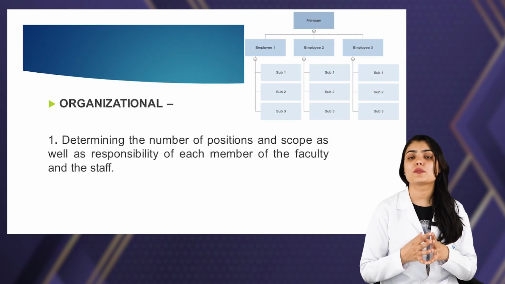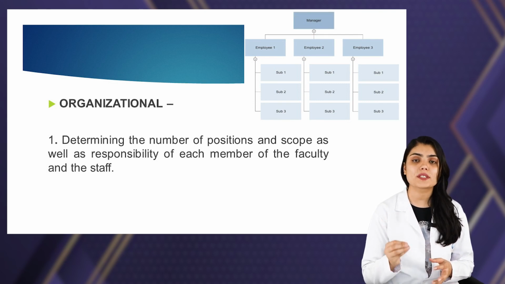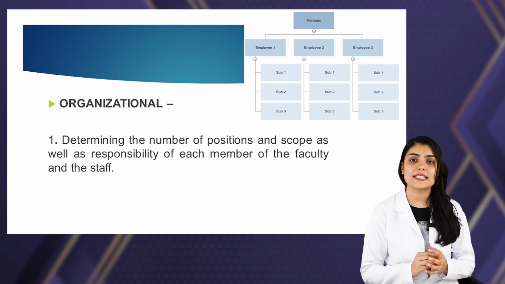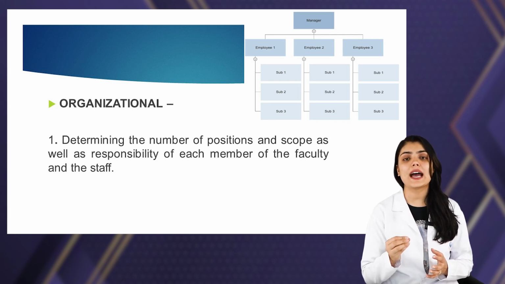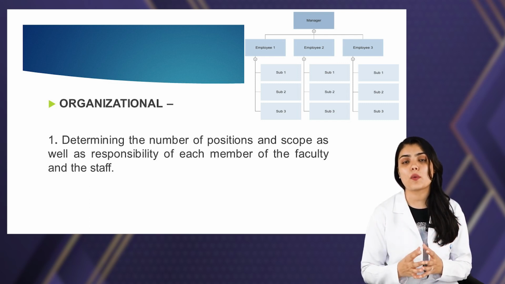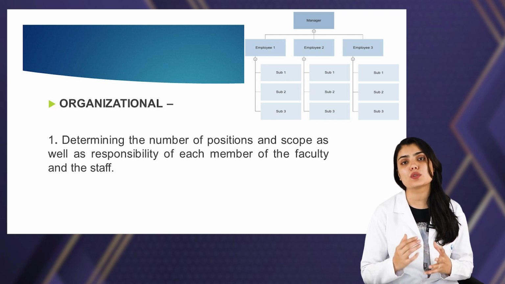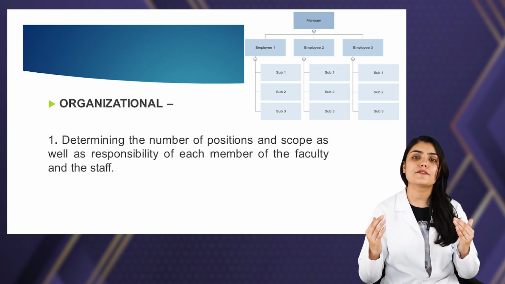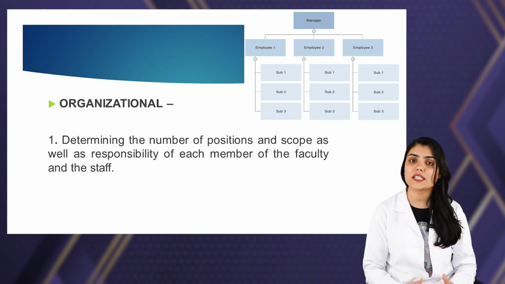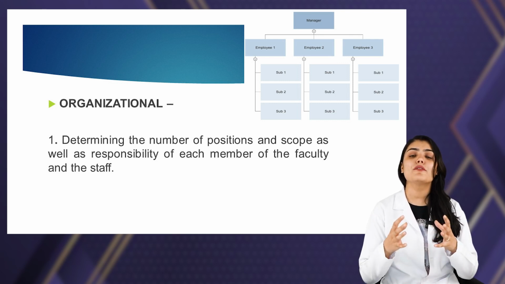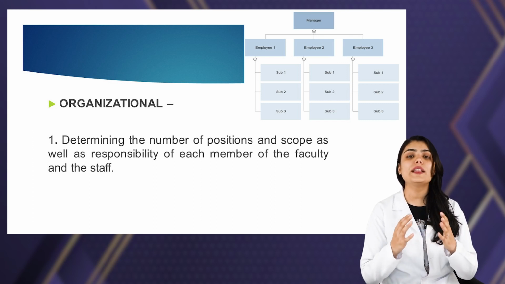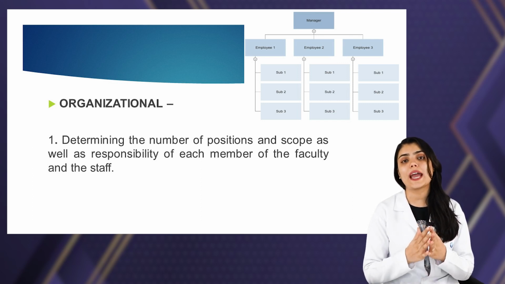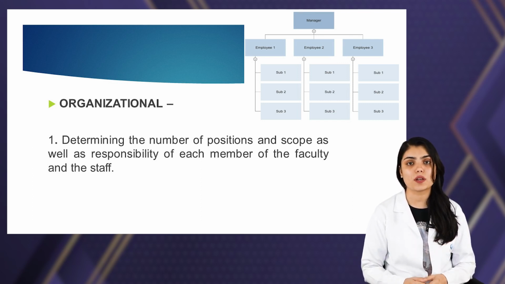The very first responsibility of the principal is to determine the number of positions within the organization and also to see that the number of staff required to run the organization smoothly is available. As a principal, the principal must know what the different positions to be created within the organization are, the number of people required to fill those positions and to carry out the roles and responsibilities.